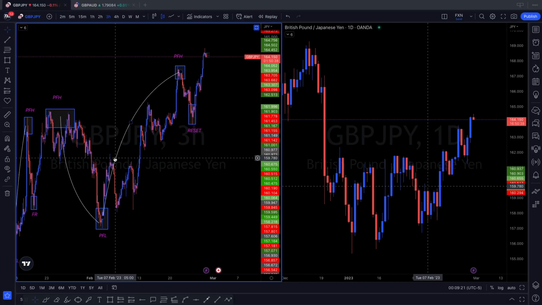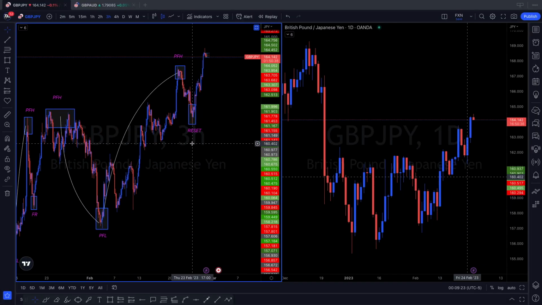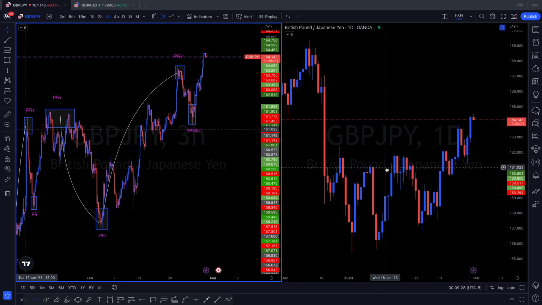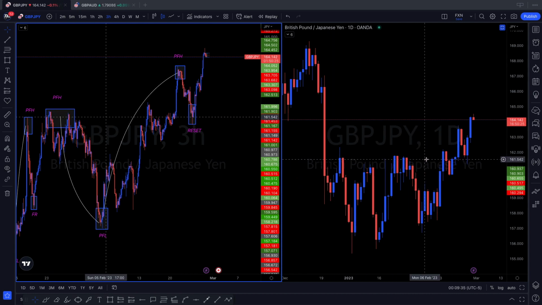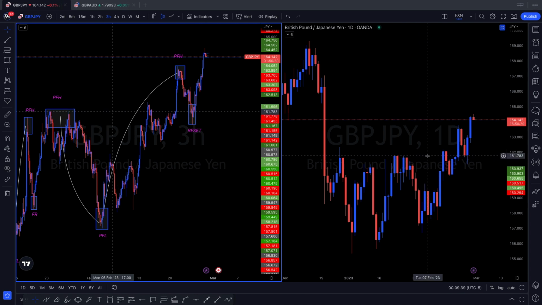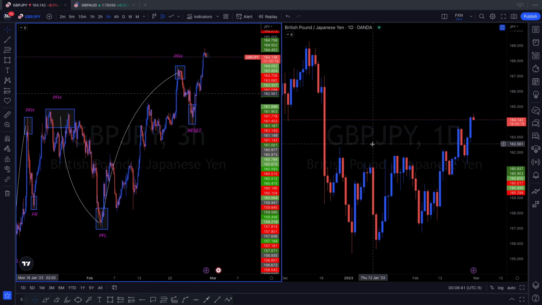Another example is pound JPY. On the 3-hour chart, you're coming right off a brand new reset. You can see on the daily here, we've broken right past this structure at around 161,750 or so, and we've broken higher than that.